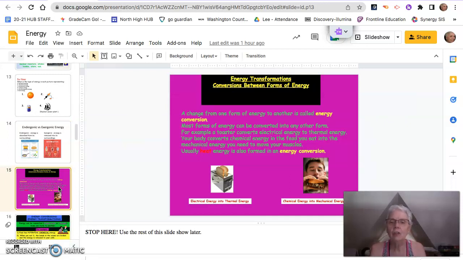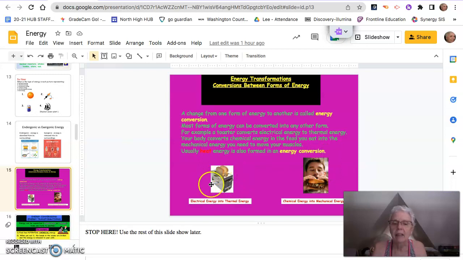So, energy transformations and conversions between forms of energy. A change from one form of energy to another is called energy conversion. Think about this guy heating the chemical energy here to give him energy to move around. So that's chemical to mechanical.